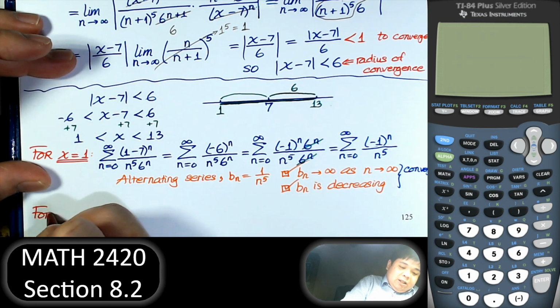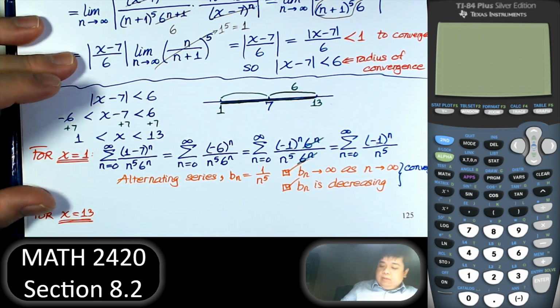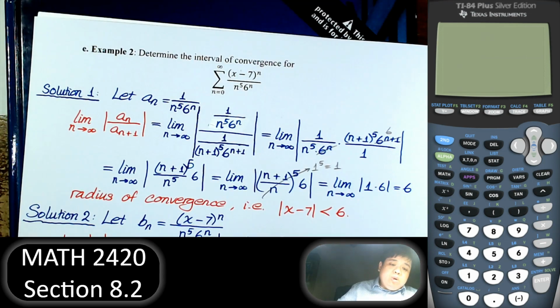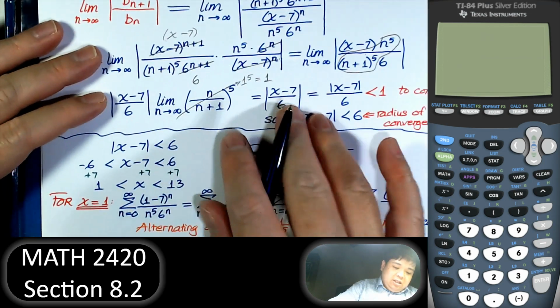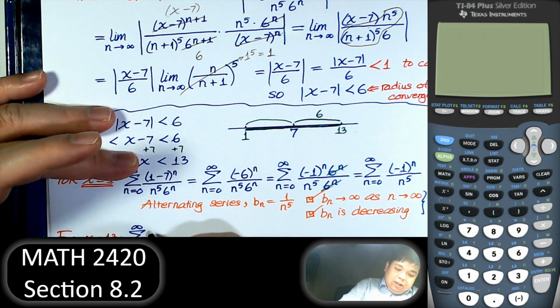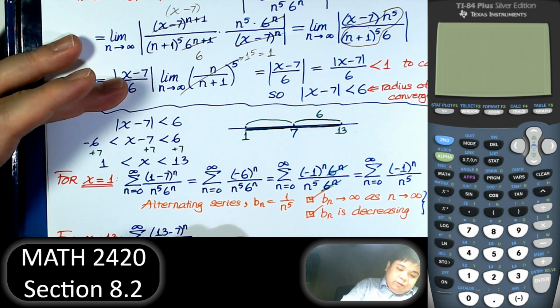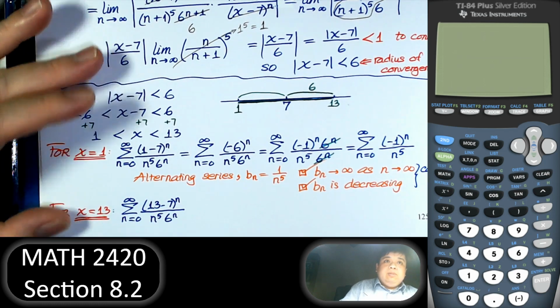Next, for x equal to 13, I'm going to put 13 in for x. So we have 13 minus 7 to the n over n to the fifth, 6 to the n.